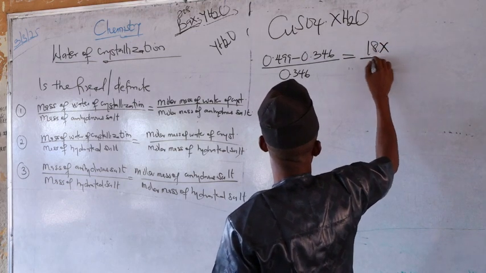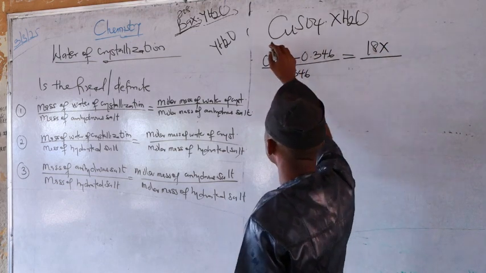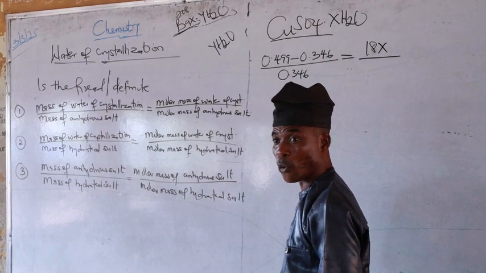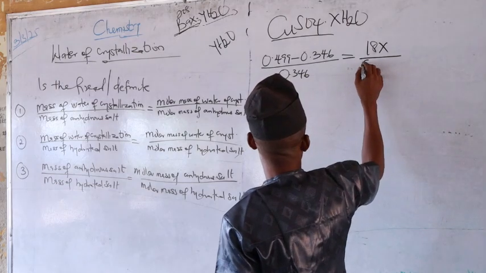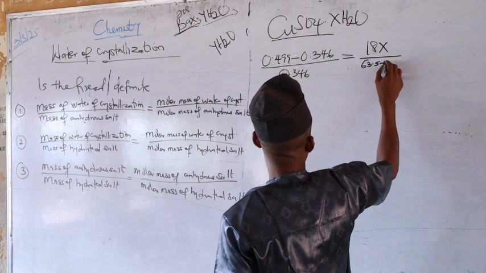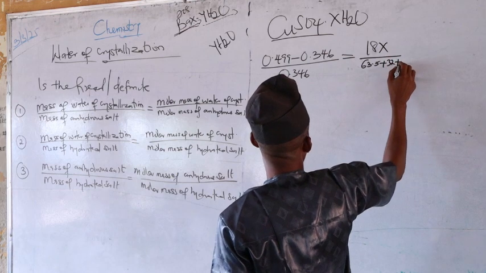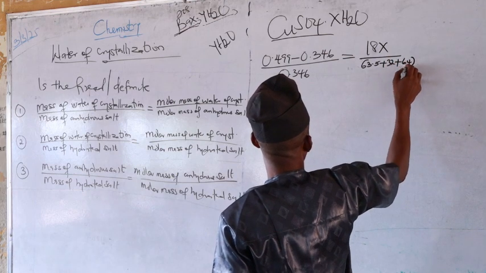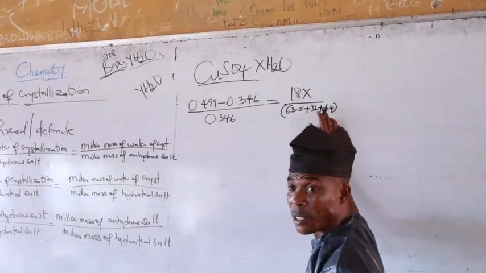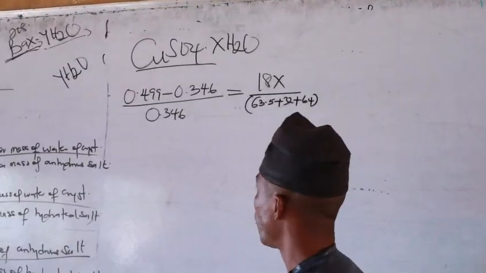That is equal to 18x over the molar mass of CuSO4. That is 63.5 plus 32 plus 64. I hope you remember we are getting this 64 from 16 times 4.